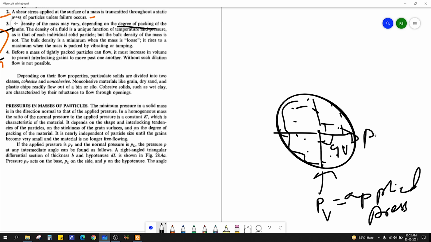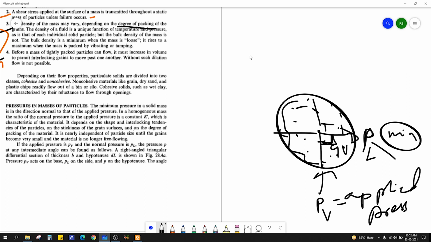So if you apply a pressure PV to the solid particles, then the pressure transmitted at 90 degrees will be the minimum pressure, and this will be denoted by PL. Just notation so that we can do some derivations.